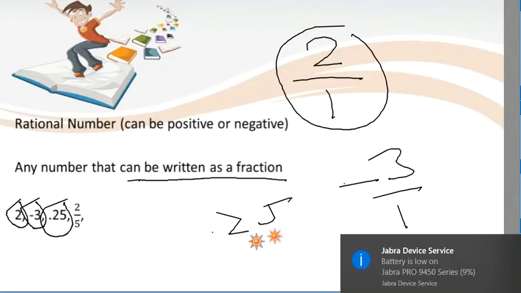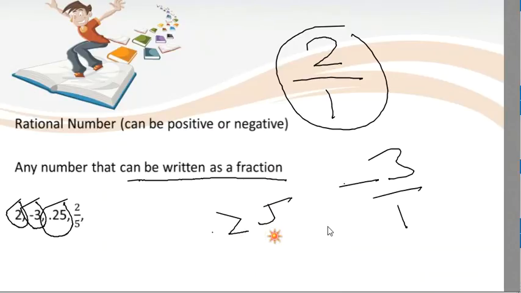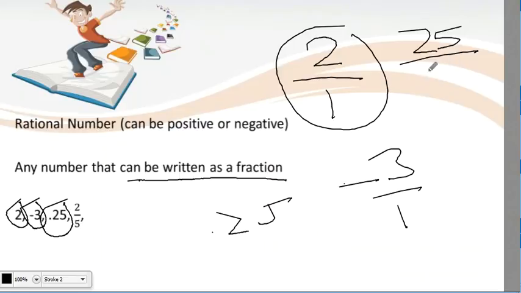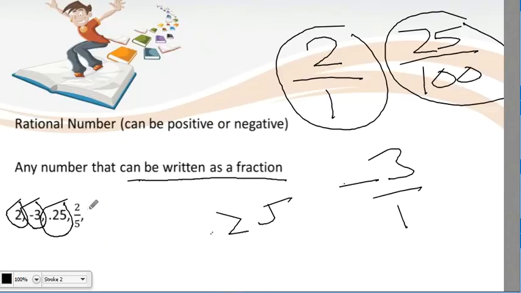So if we wanted to write 0.25 as a fraction, we could write it as 25 hundredths. That's another way to say 0.25, okay? And then obviously 2/5 is already a fraction. So rational numbers, they can be positive or negative, and any number that can be written as a fraction is considered a rational number.